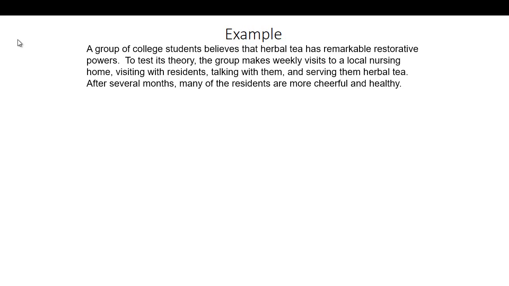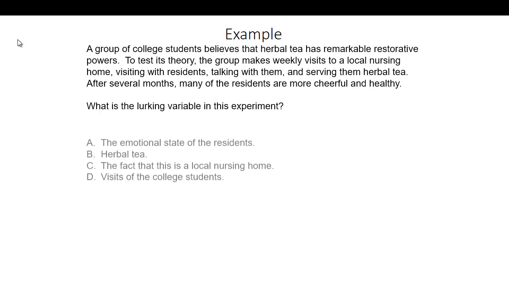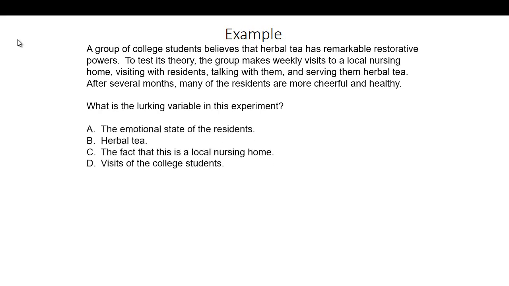After several months, many of the residents are more cheerful and healthy. What is the lurking variable in this experiment? A, the emotional state of the residents. B, herbal tea. C, the fact that this is a local nursing home. And D, visits of the college students.